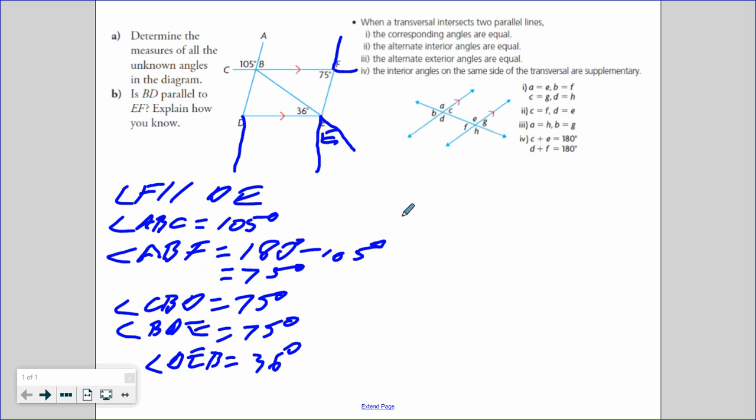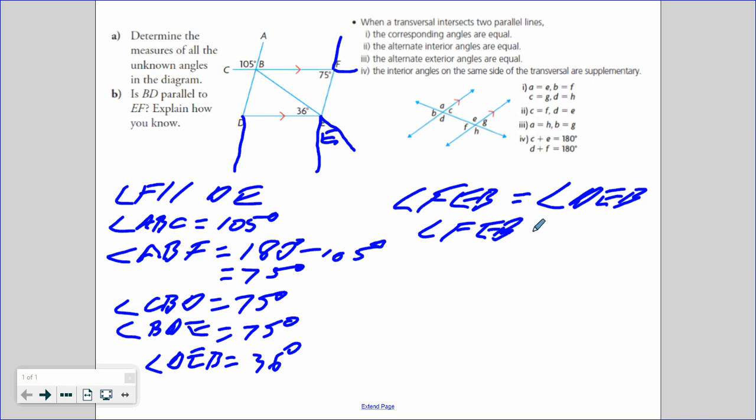So we are allowed at this point now to say that because angle FEB equals angle DEB, we can now say that angle FEB also equals 36 degrees. Okay, because we saw down here, angle DEB was 36, and that one was given.